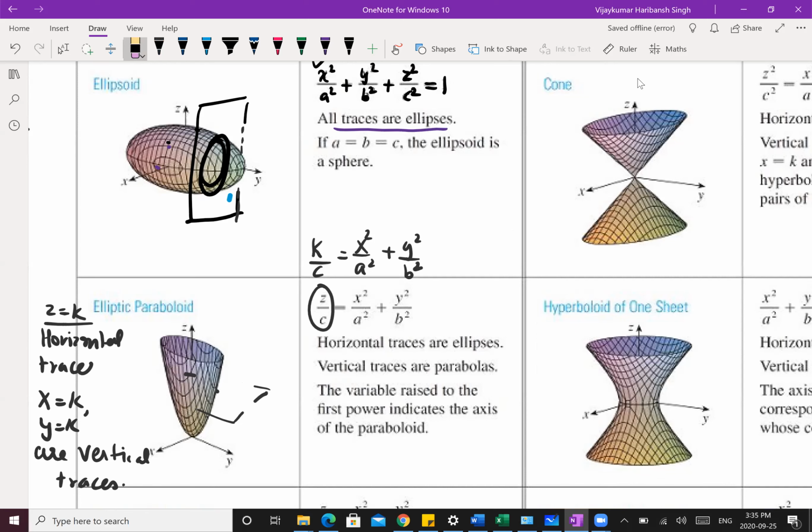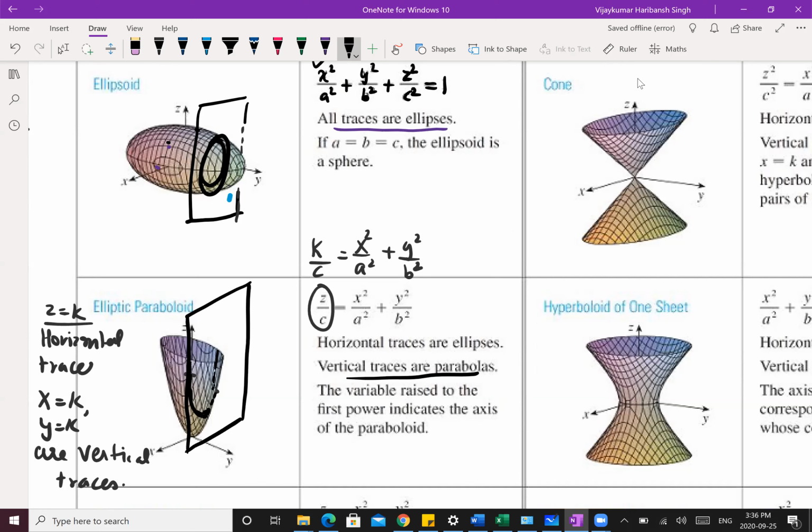So you're cutting with the plane y equals k. This is the y equals k plane, and if you cut it, you will see that we get a parabola.